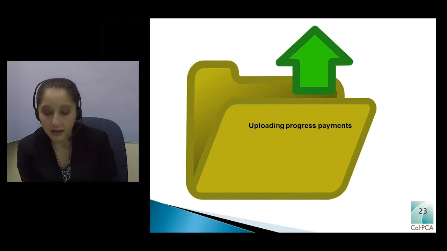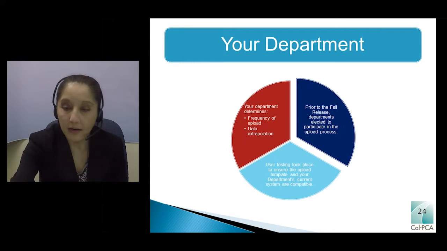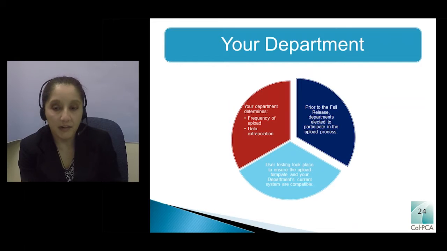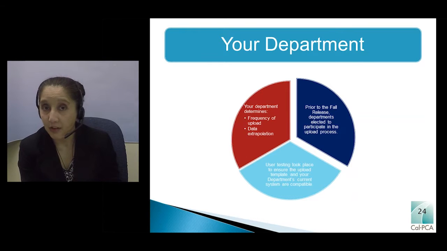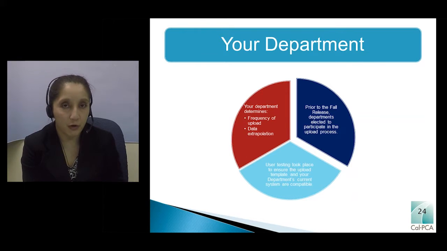But if they did, you may have already received information of what needs to happen. Because, again, there were probably conversations around how often the data would be downloaded, how often the data would be uploaded into Fiscal, who would be responsible for those, and who would be responsible for addressing and correcting any errors.